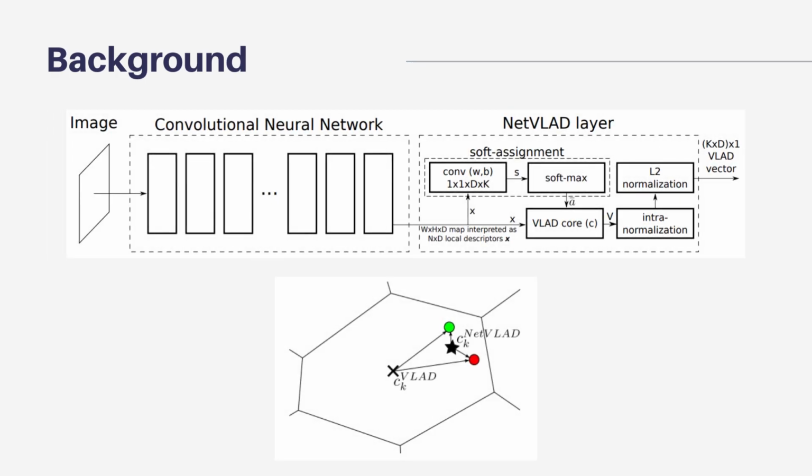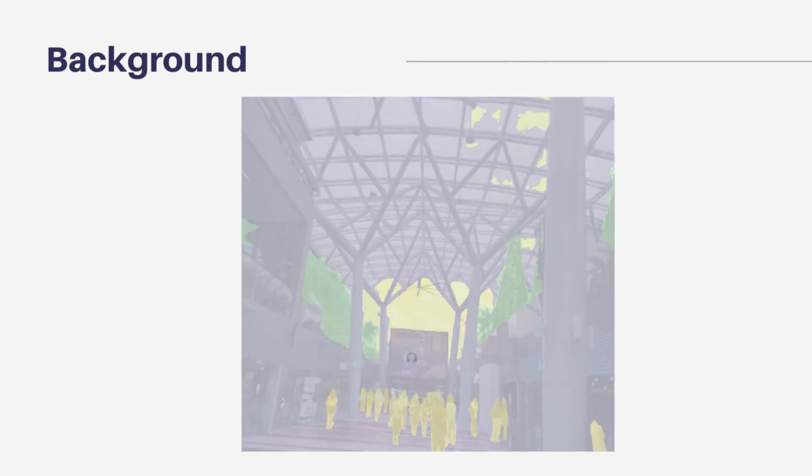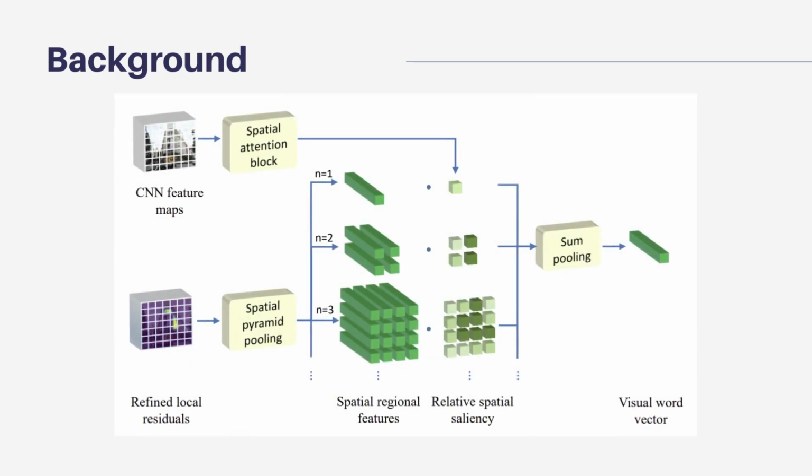NetVLAD generates a vector of locally aggregated descriptors, or a VLAD representation, of the image using a trainable layer appended to popular computer vision architectures such as VGG16 or AlexNet. To address informative and shadow areas such as dynamic foregrounds, moving people, vehicles, vegetation, etc., we introduce semantic information-based attention in an attention pyramid pooling scheme.